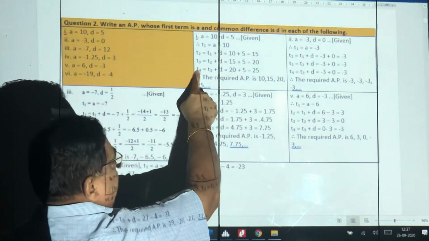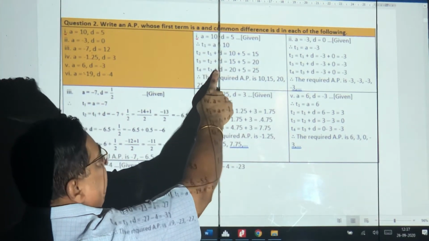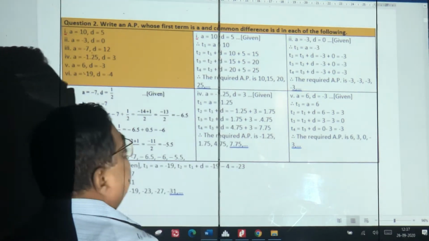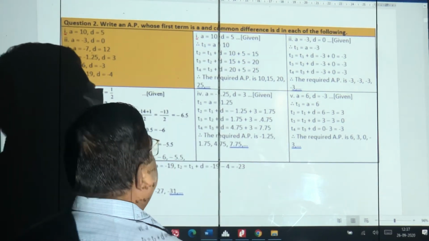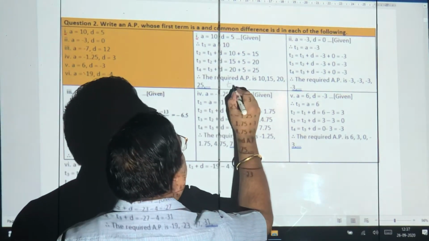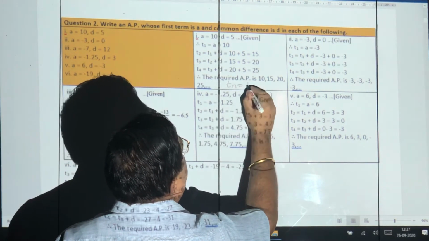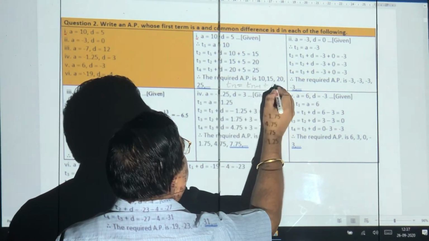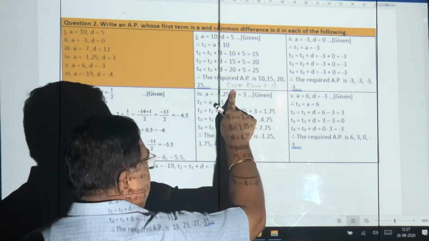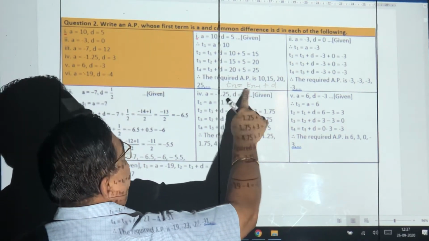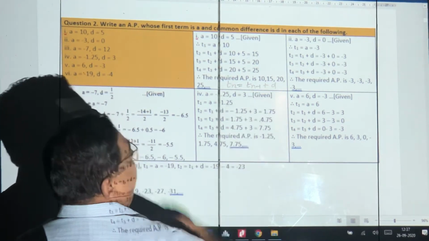Always the next term is equal to the previous term plus the difference. You will not like it, but we write in algebra as Tn is Tn minus 1 plus D. That is, a term is equal to the previous term plus the difference.